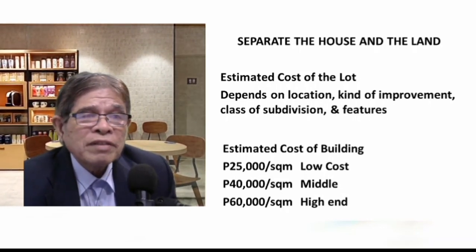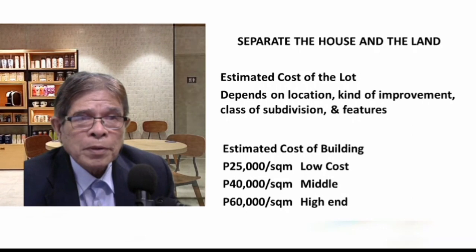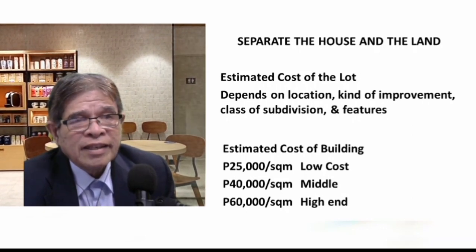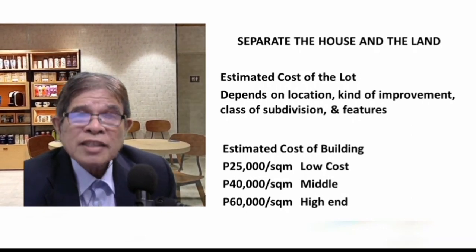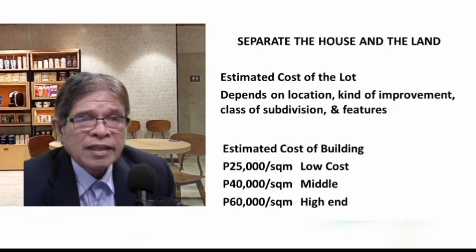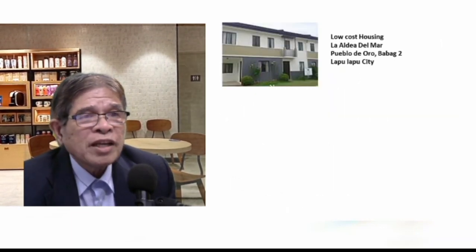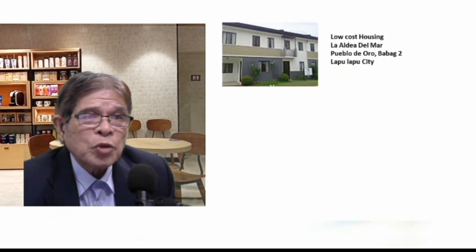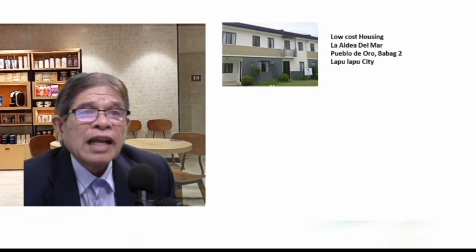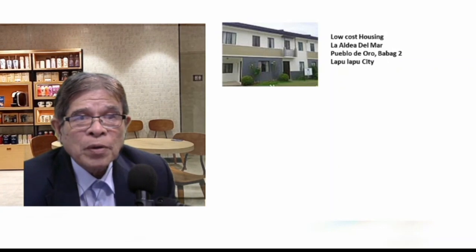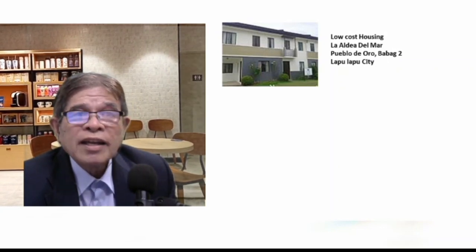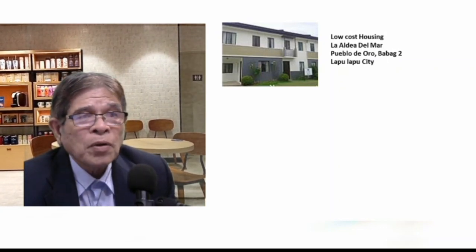Then after knowing this cost, you have separated the house and the land. Let us consider a specific property. Now this time we will find out the true price of La Aldea del Mar, Pueblo de Oro, Babag 2, Lapu-Lapu City. This is a low-cost housing.